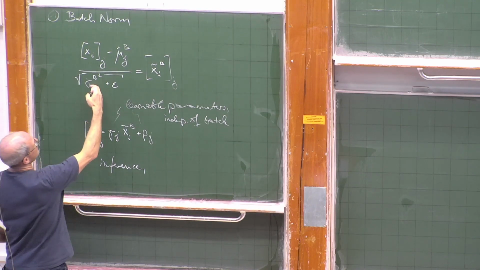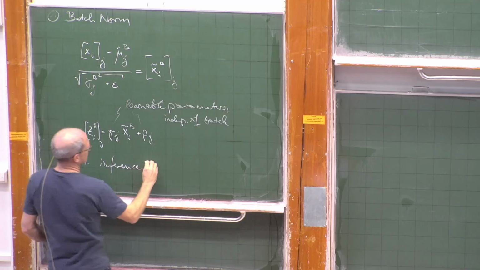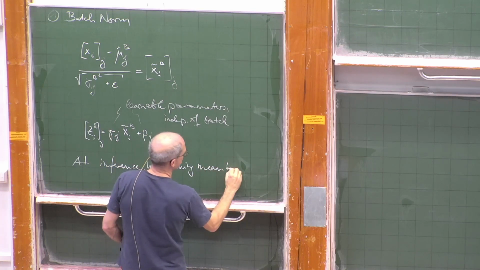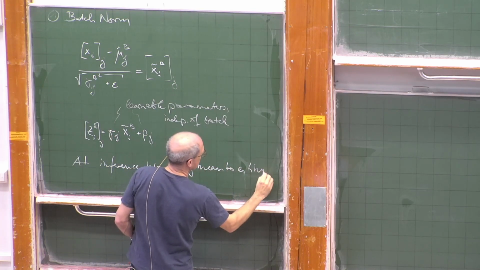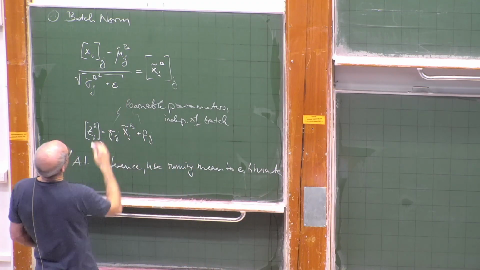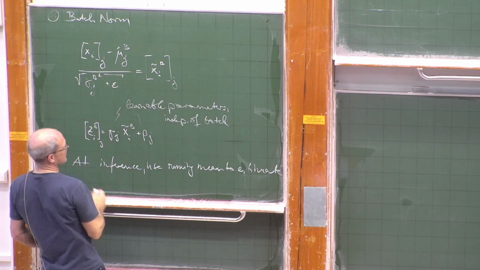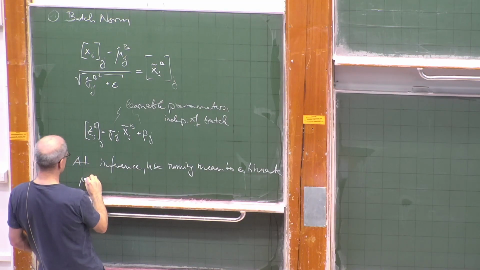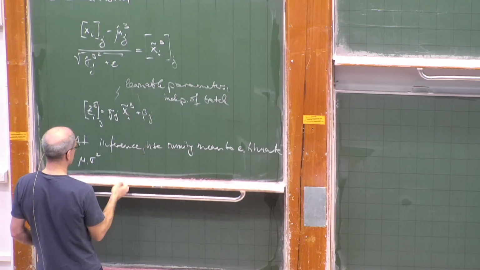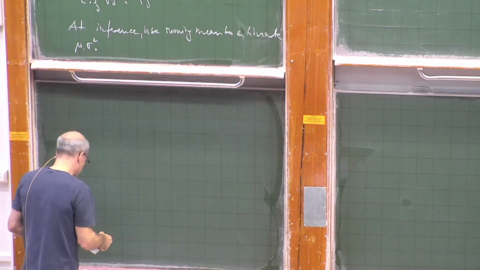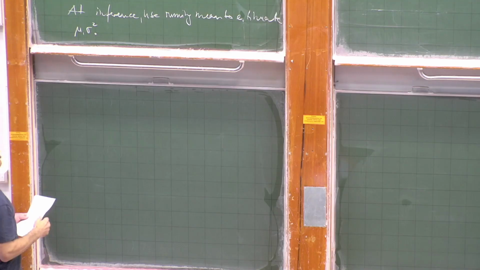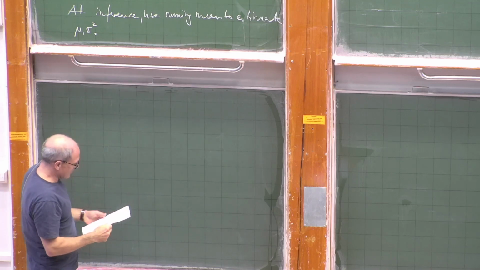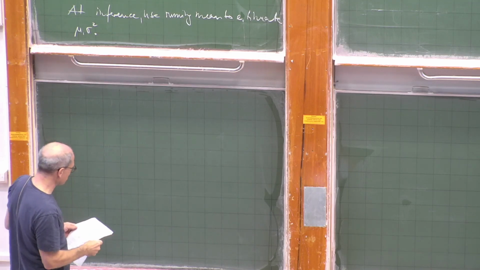If you don't have batches, then you can use a running mean to estimate these means and variances. Okay. This is very widely used these days.